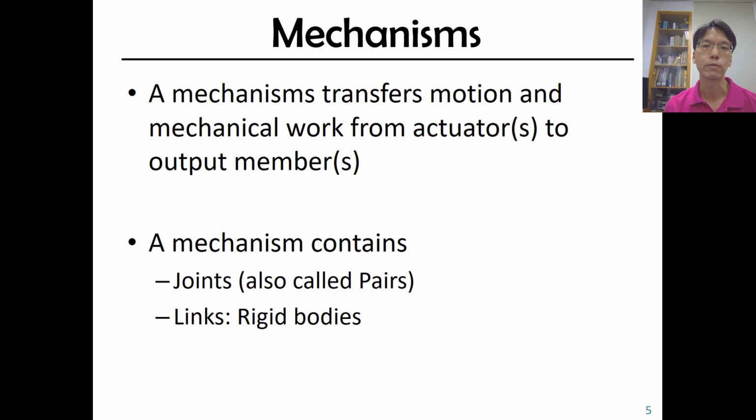So the definition of mechanism, I think we also mentioned this in the previous video. Let's just take a quick review. A mechanism transfers motions and mechanical work from the actuator to the output members. We use the 4-bar mechanism again.